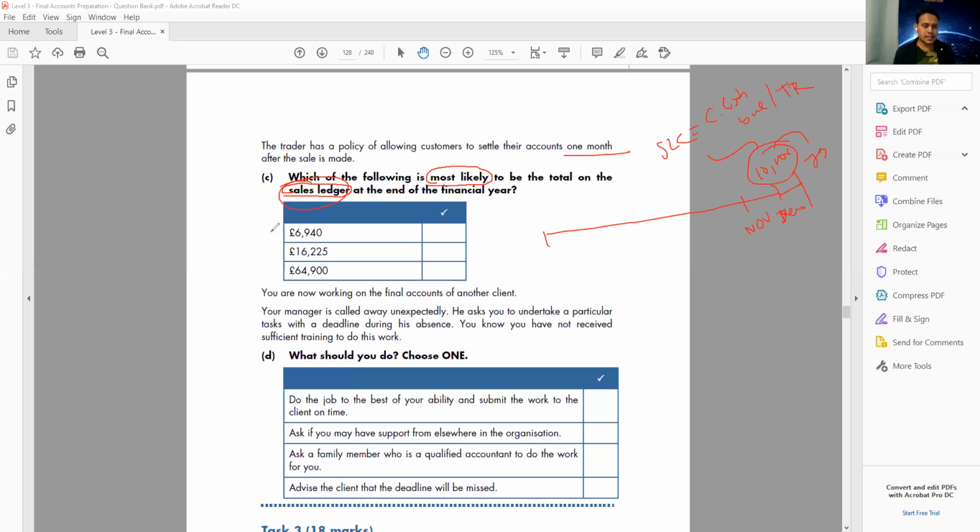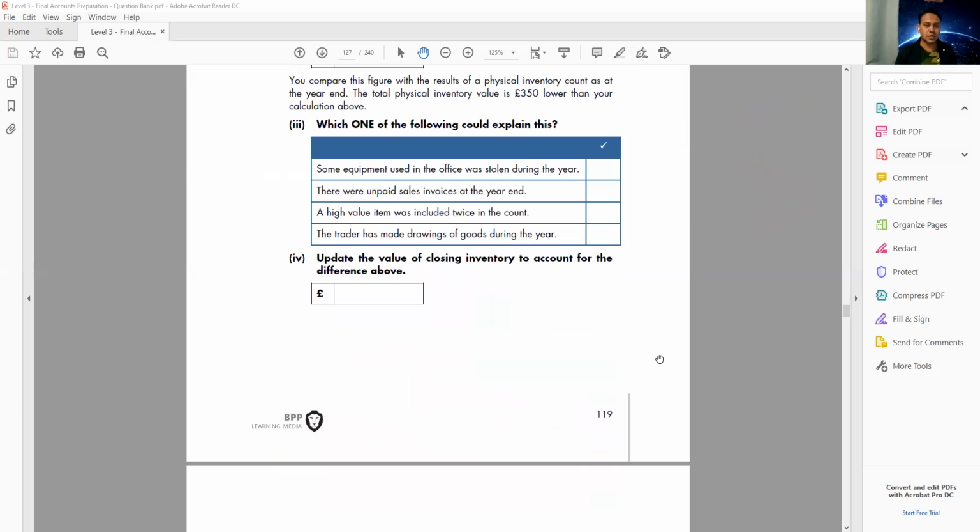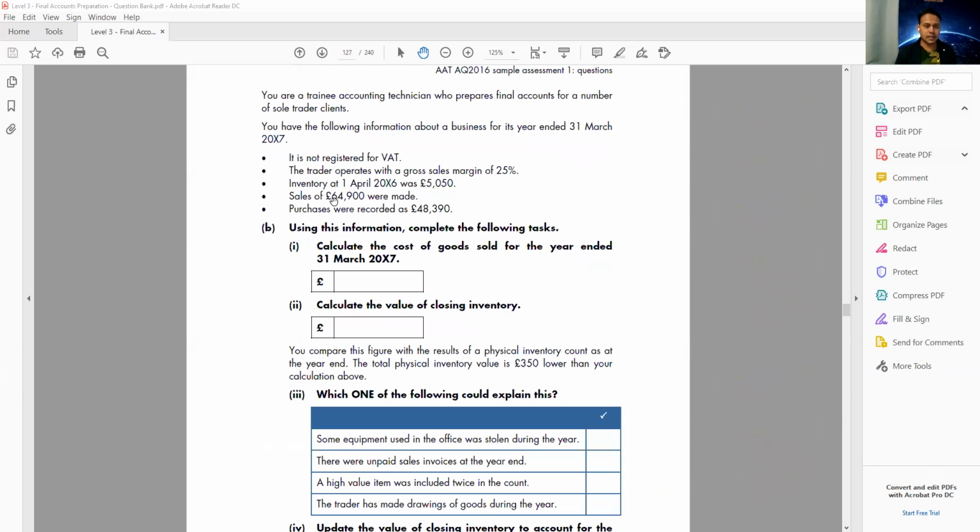So they're asking how much the estimated amount will be, the most likely amount. But before you answer the question, you need to see how much the total sale is for the whole year. The total sale for the whole year is 64,900.